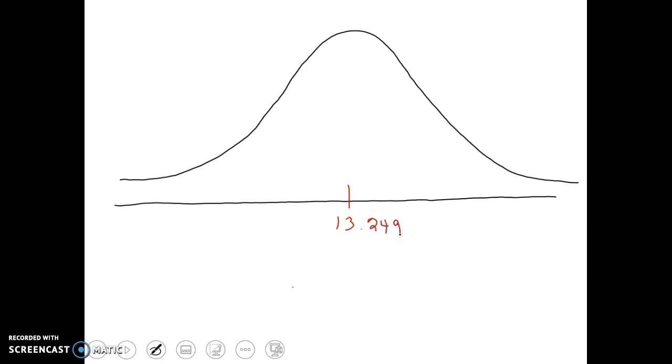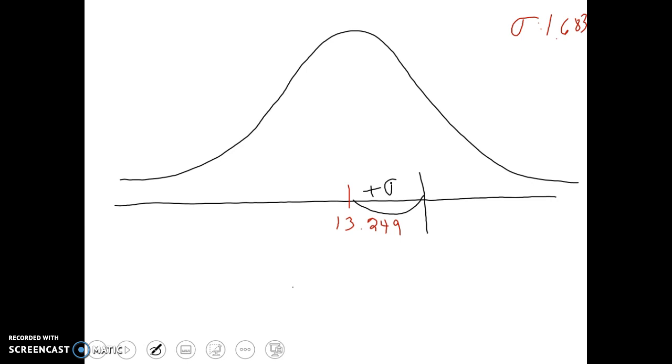13.249. Okay, and the standard deviation is 1.683. All right, so what we're going to do is add 1 standard deviation. I'm going to add 1.683.